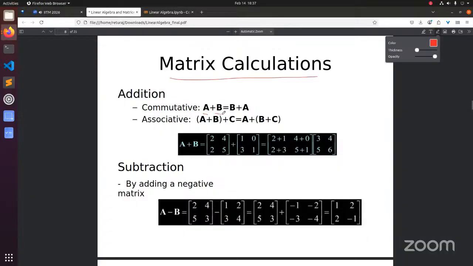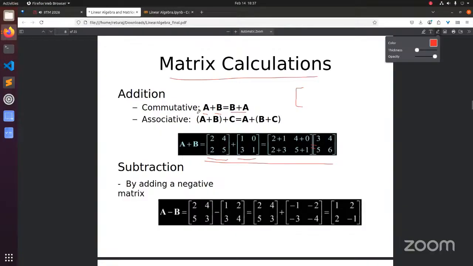So A plus B matrix is equal to B plus A. However you add, we have an example: 2, 4, 5, 6, and 1, 0, 0, 1. You add them. Okay, there should be an equal sign here, not multiply. So 2 plus 1 is 3, 4 plus 0 is 4, 2 plus 3 is 5, 5 plus 1 is 6. Is this okay? A plus B is this matrix. And even if you switch, like if you make B plus A, you can see it is the same value, right?